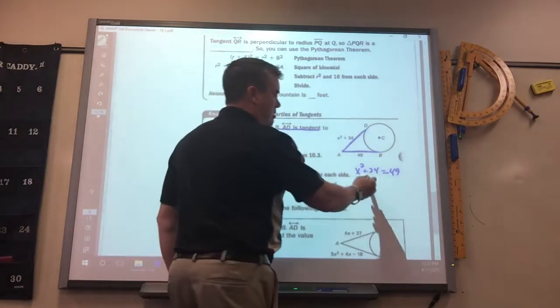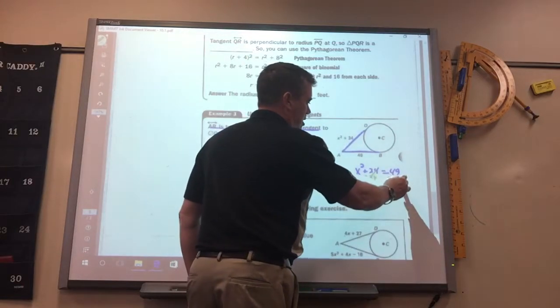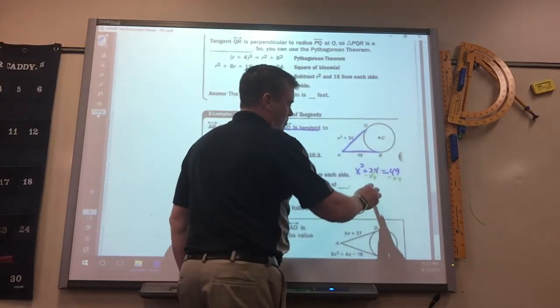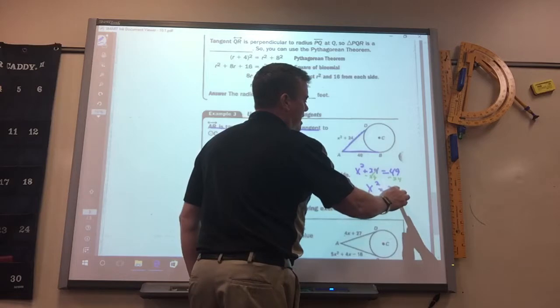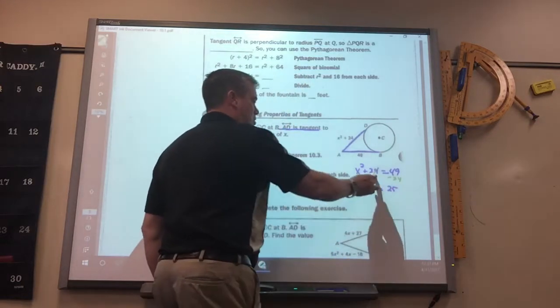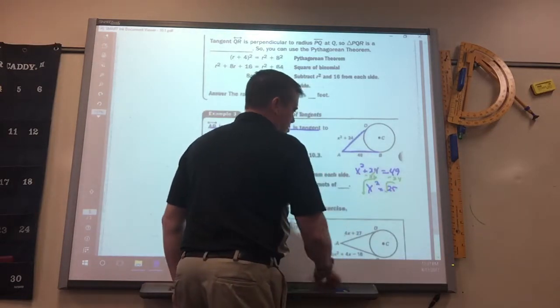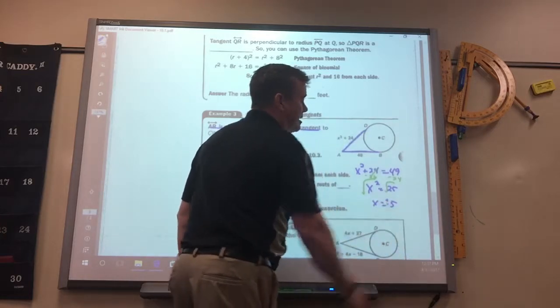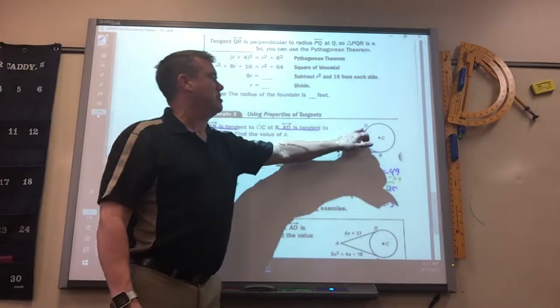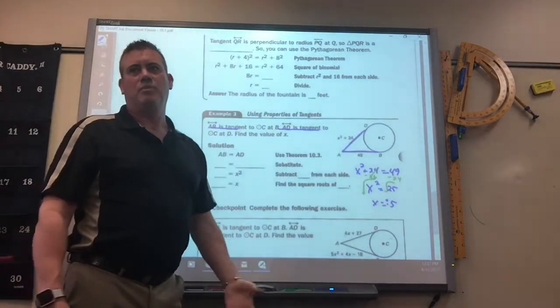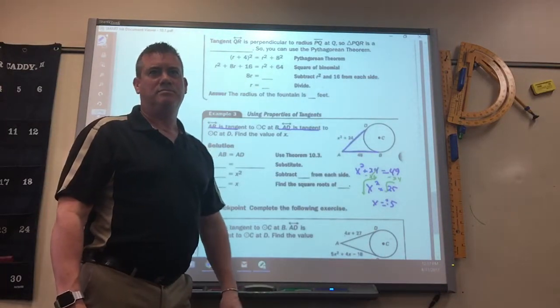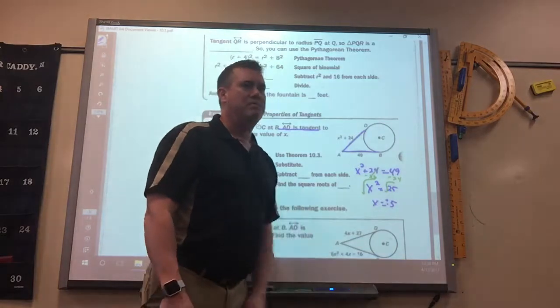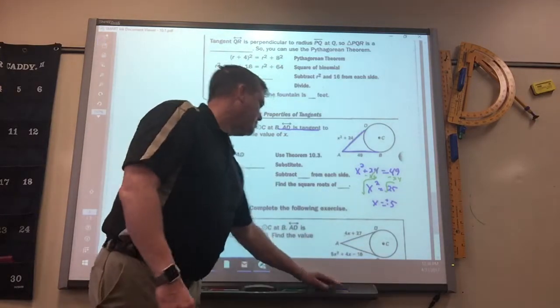Subtract 24, you get x squared equals 25, square root it, and x is 5. Technically, x could be negative 5, but since this is distance, we don't deal with negatives, so we don't have to worry about plus or minus 5.